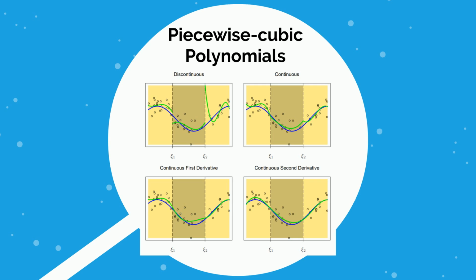However, we can progress and continue to become more and more continuous. In the top right, you see where the function is continuous. In the bottom ones, we start to have our first derivative and our second derivative also continuous. So the function in the lower right panel is continuous and has continuous first and second derivatives at the knots. This is known as a cubic spline.